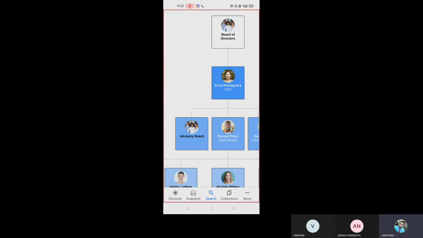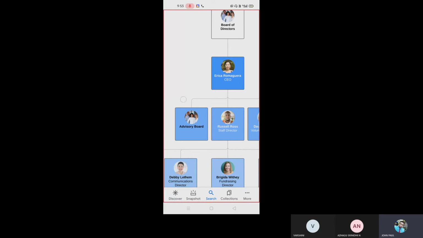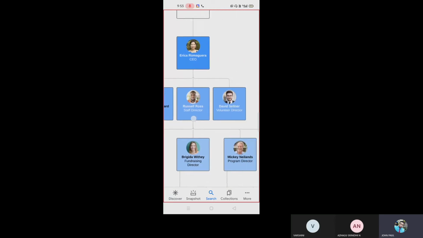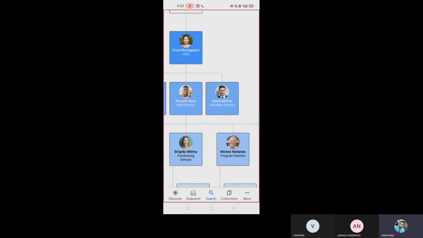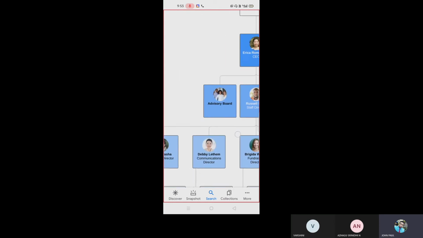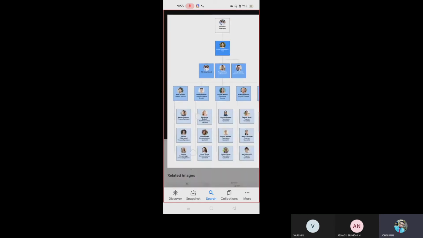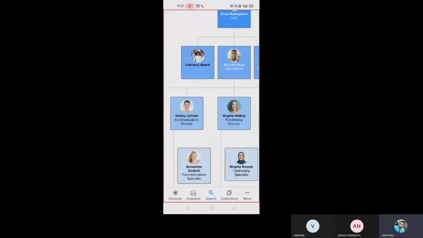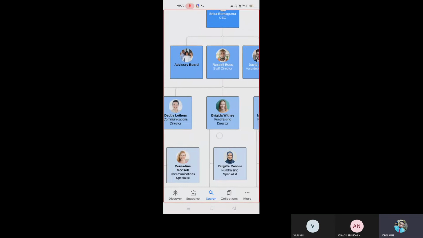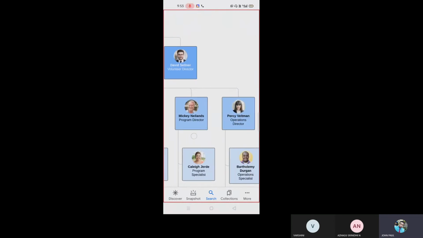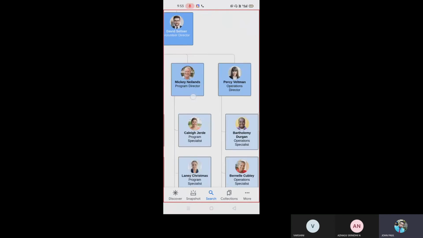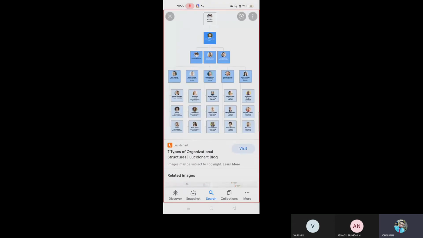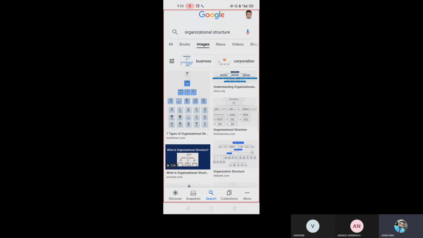Okay, who is the owner of the business? Either director or chairman, or next to him the CEO. Next to the CEO, advisor, staff director, then voluntary director, then under the staff director, finance director, communication director, fundraising director, then program director, operation director. So this hierarchy is what is called organization structure.